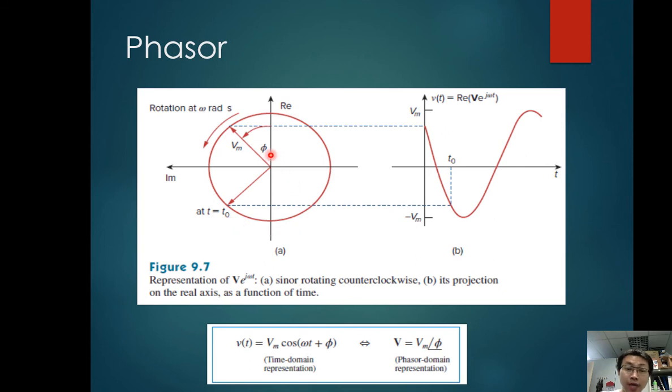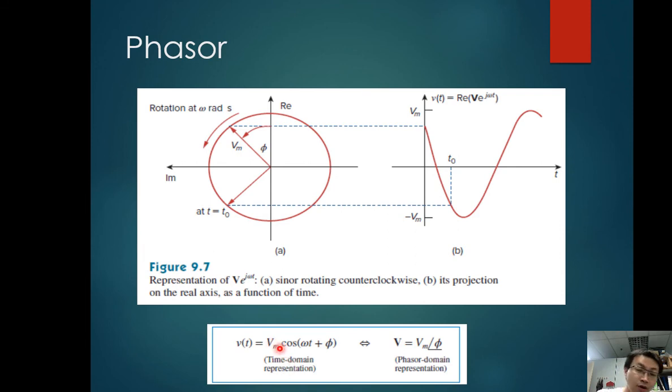And then we have an angle, we have the magnitude, which is in the real part and imaginary part. It has a frequency. It also has a rotational frequency. So we can put it like this. This is called time domain representation. You can see this is time. This is time domain representation. This is phasor domain representation, where we have an angle.